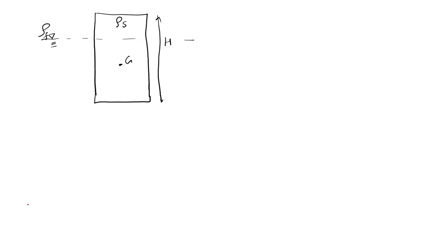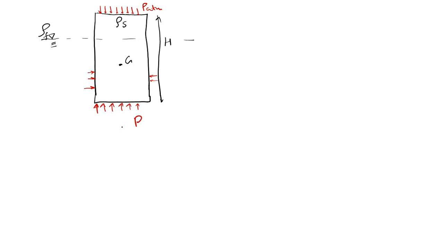It's very simple. These surfaces will experience a normal force, same here, and they will cancel with each other. This surface will experience a certain pressure from below, and this point will experience a force from here, and this will be P atm, atmospheric pressure, and here some pressure will be there.